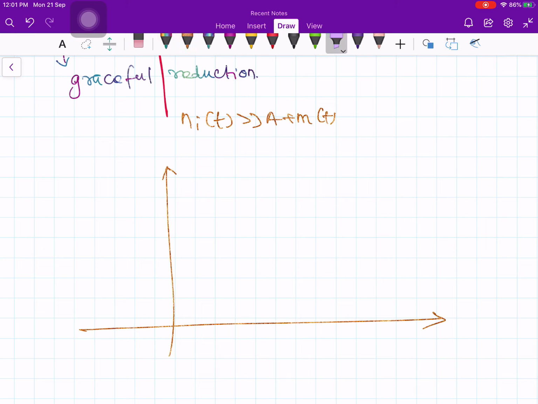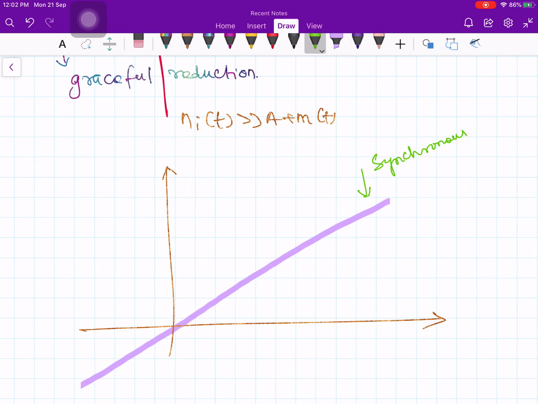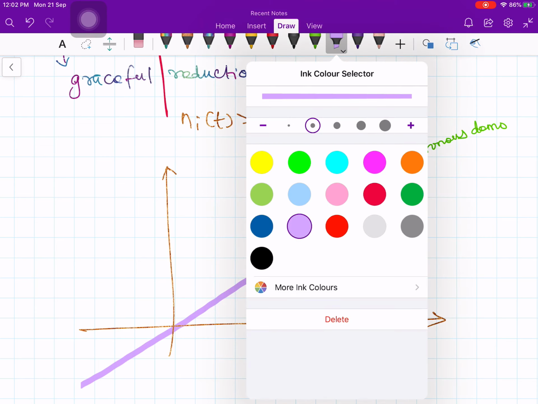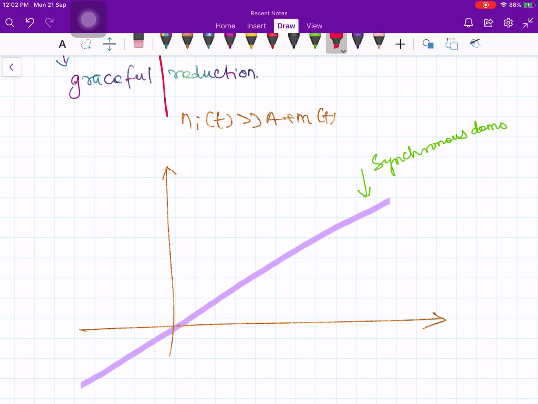So this is the synchronous demodulator. Now, this is for high SNR. So in the high SNR region, your performance is close to the synchronous demodulator.